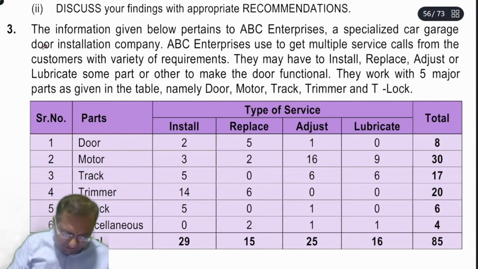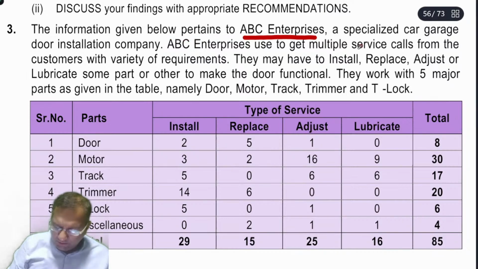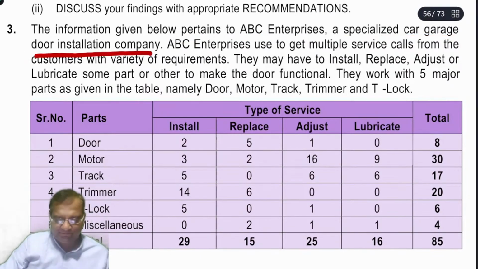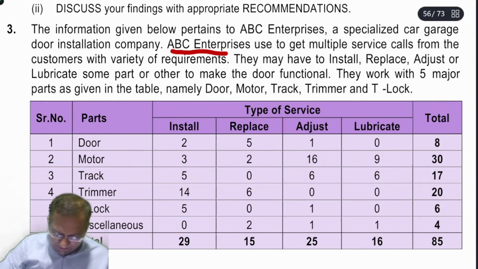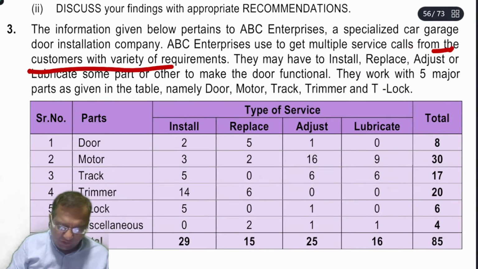So let's start question number 3. The information given pertains to ABC Enterprises, a specialized car garage door installation company. So basically, we have a car garage which is specialized in door installation. ABC Enterprise used to get multiple service calls from customers with a variety of requirements.